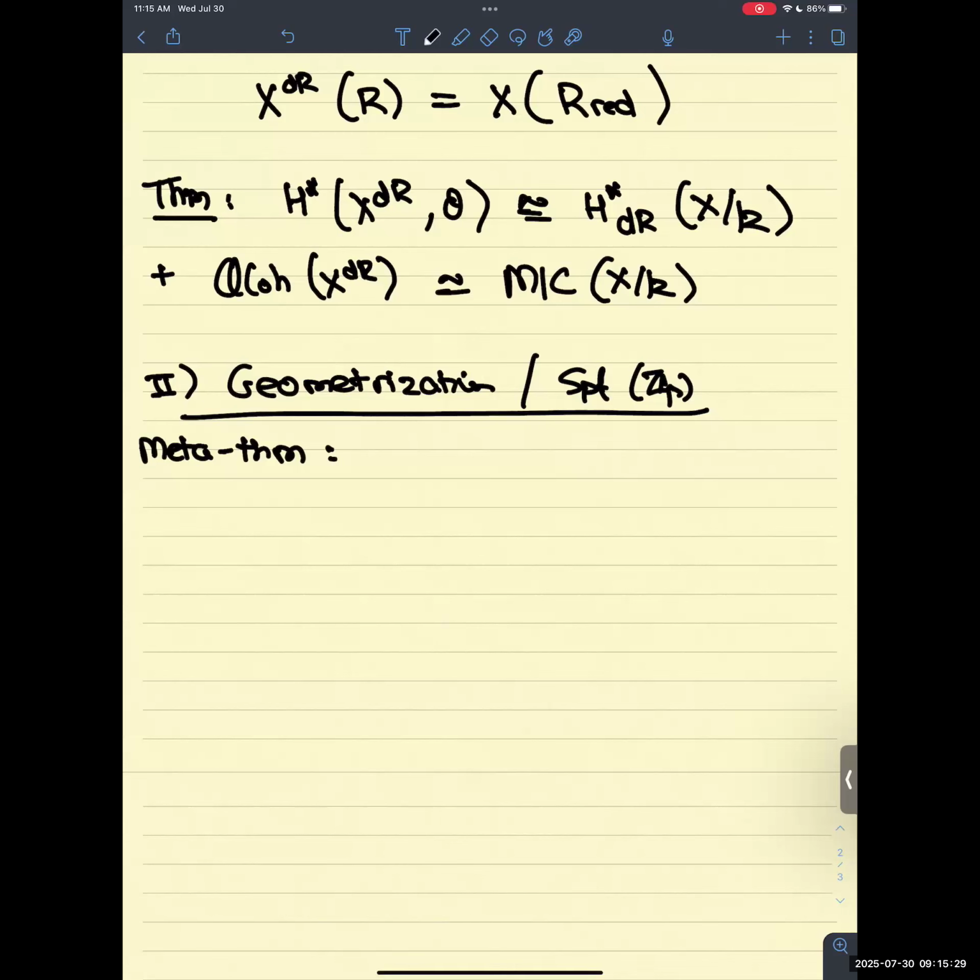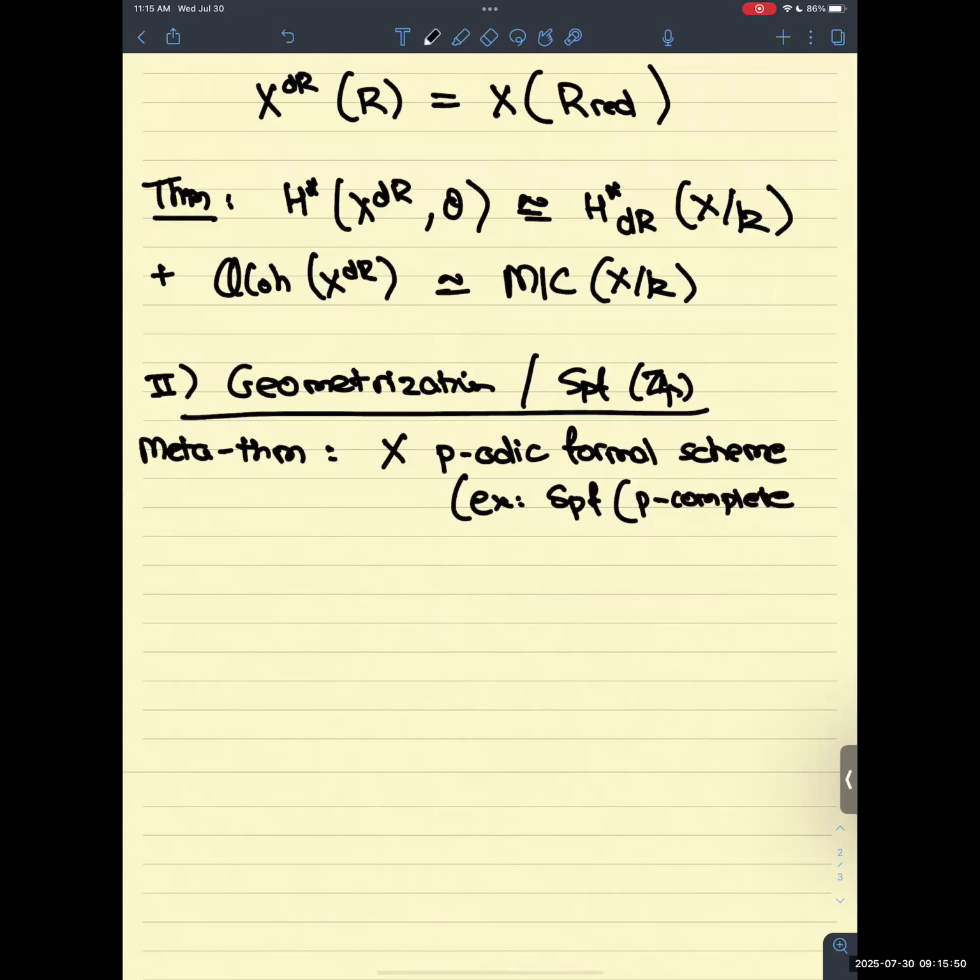But let me just say what the meta theorem is here, or what the picture is of what we are trying to do. So let's say X is a p-adic formal scheme. And these are, as I said, the basic objects I want to work with. If you don't like this generality, you can just think of the formal spectrum of a p-complete ring, or the p-adic completion of your favorite scheme. Those are, in fact, the most interesting examples to me.